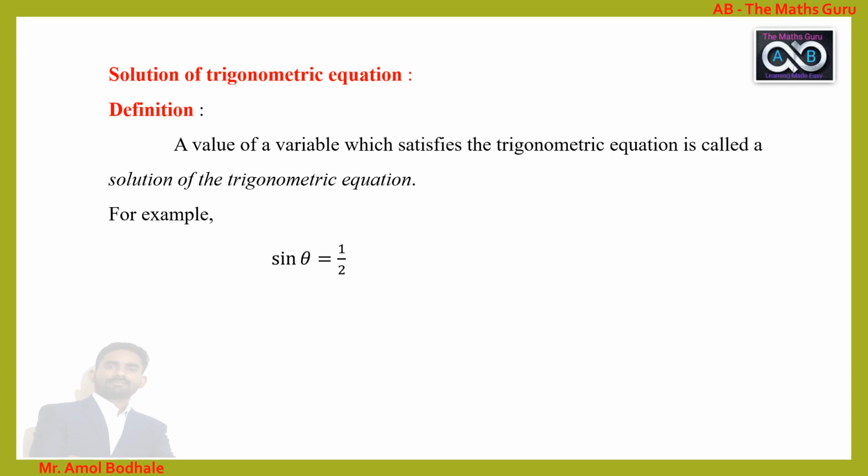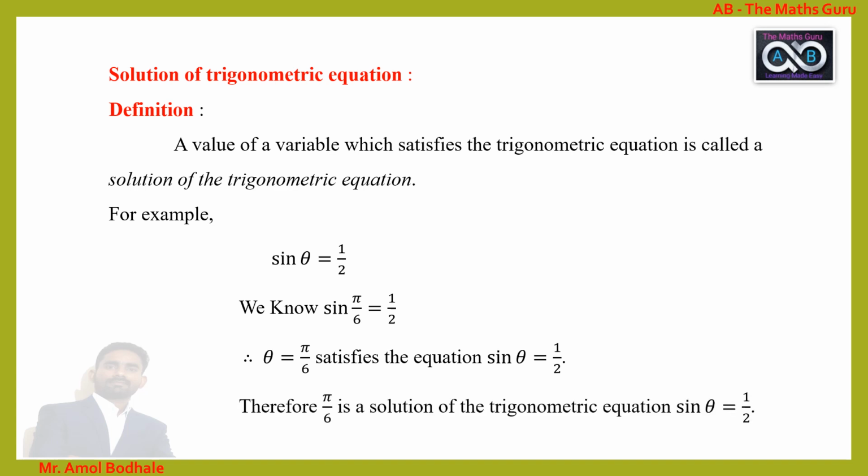Now for which angle is sin theta half? So we know that sin of pi by 6, that is sin 30, is equal to half. So therefore we can say theta is equal to pi by 6 satisfies the equation sin theta equal to half. So therefore pi by 6 is the solution of trigonometric equation sin theta equal to half.